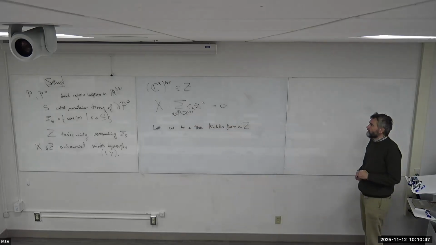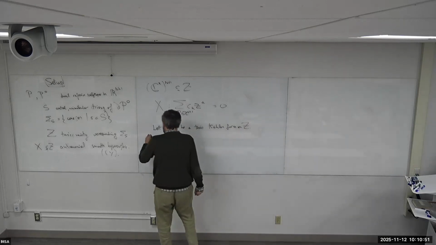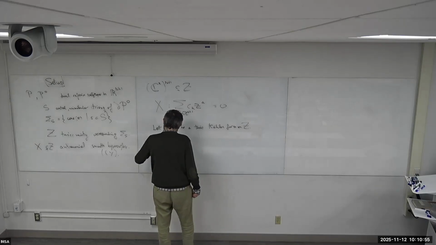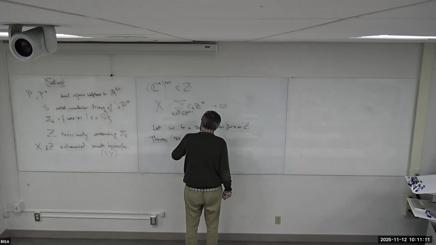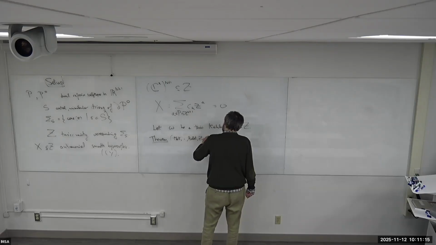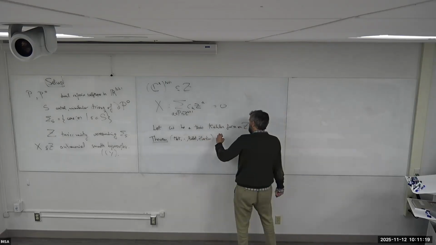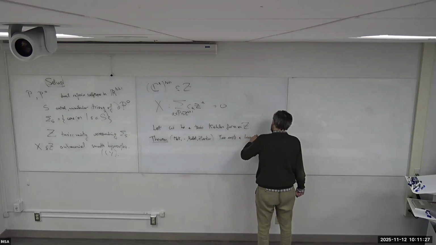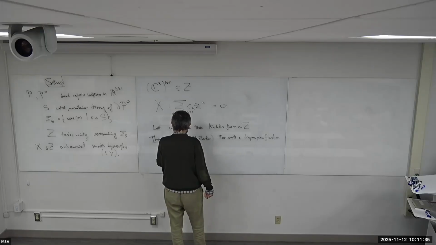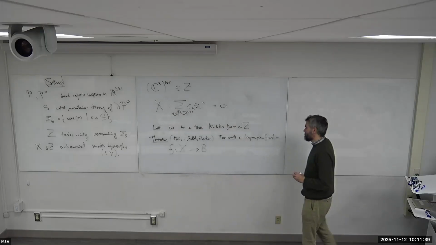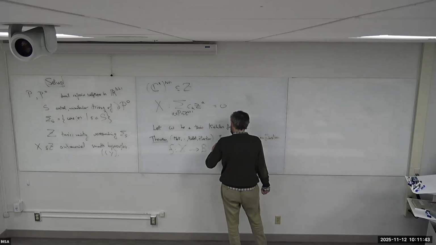Okay, then I state the theorem. This is what we prove: there is a Lagrangian fibration f from X to some base B with codimension 2 discriminant.